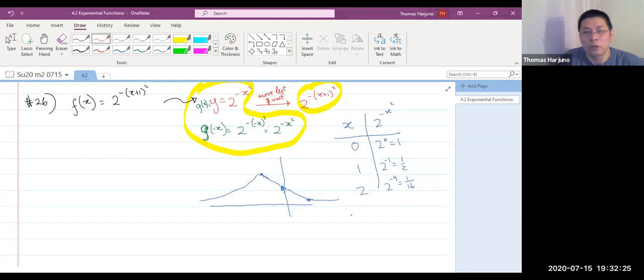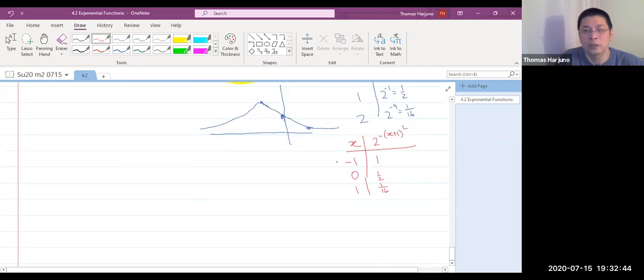If I move 1 unit to the left, this is -1, this is 1. This is 0, this is 1/2. If this is 1, this is 1/16, right? Now the thing is, when you reflect with respect to x equals -1, the 0 will correspond to -2, the 1 will correspond to -3.